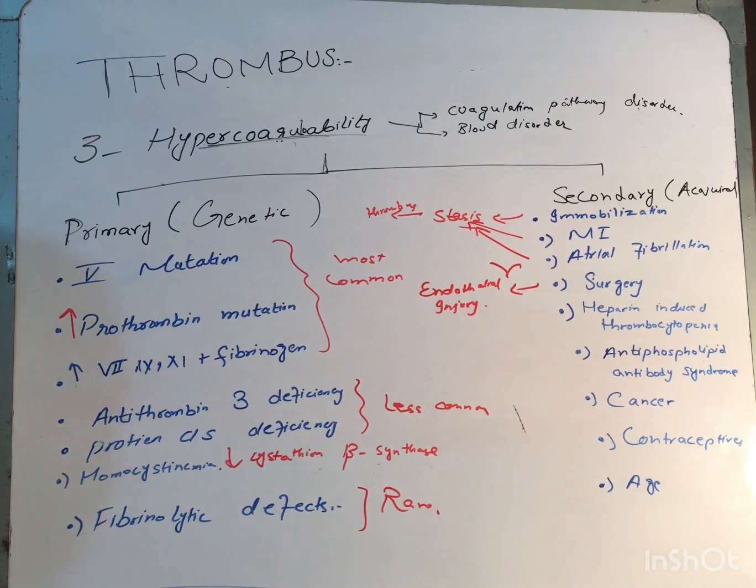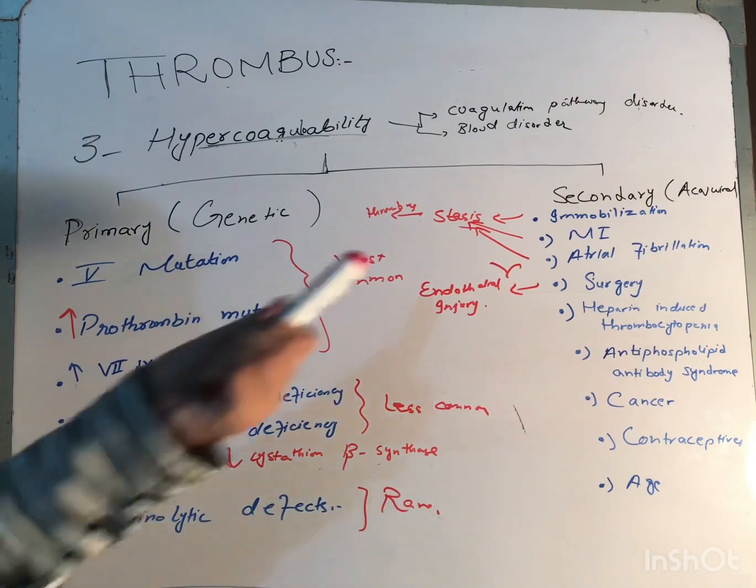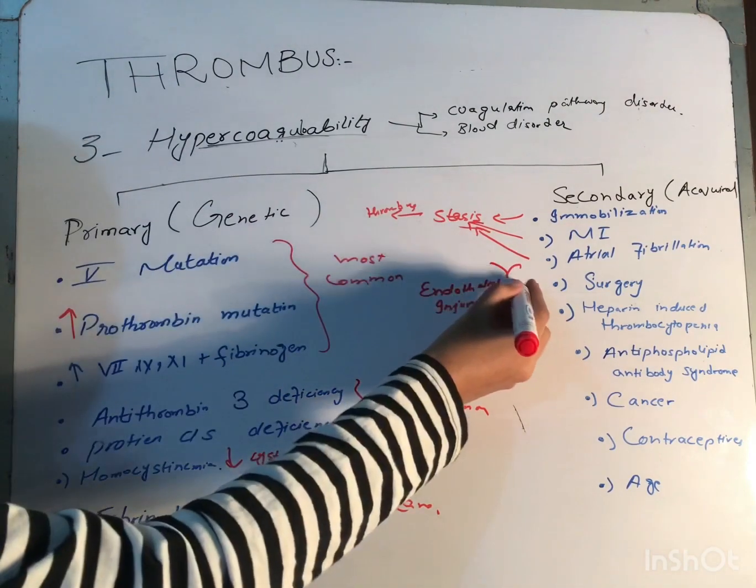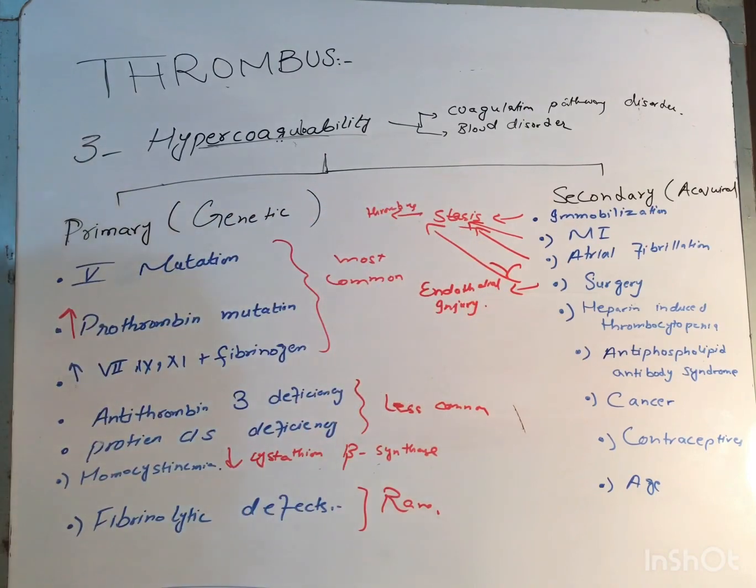After surgery, we usually advise our patients to get some bed rest, and with bed rest there will be immobilization of our bedridden patient, and there will be stasis of blood flow, and that will lead to thrombus formation. So surgery promotes thrombus formation in two ways. Like it forms thrombus through endothelial injury as well as through stasis of blood.